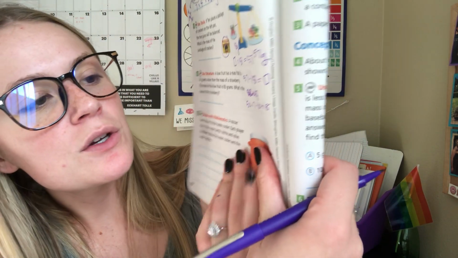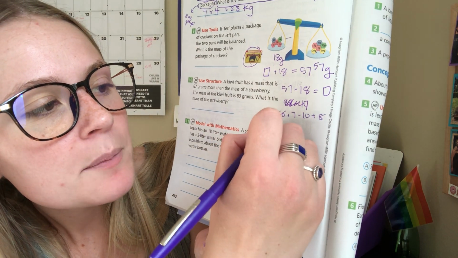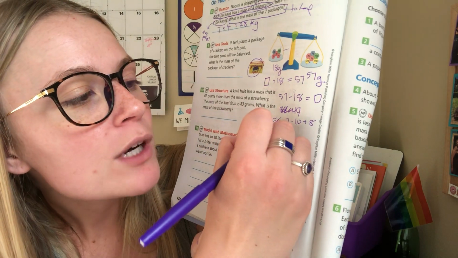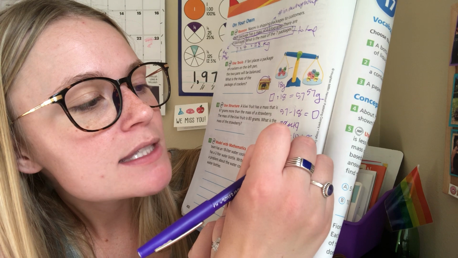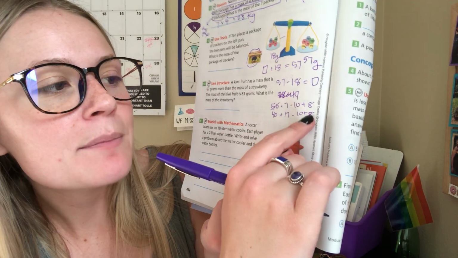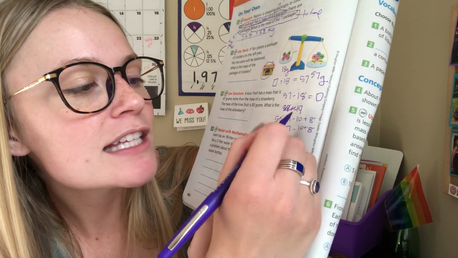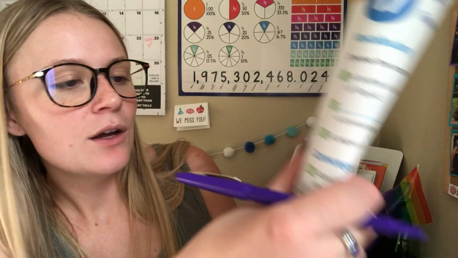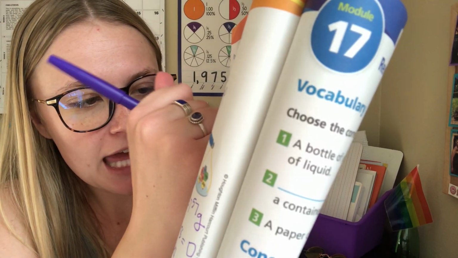So then I have to regroup this to 40 because 7 is not enough to take away 8 from. So now I have 40 plus 17 minus 10 plus 8. So then I do 17 minus 8, and that's 9, and 40 minus 10, and that's 30. So the weight is 39. Woo, I went all over the book. 39 grams.